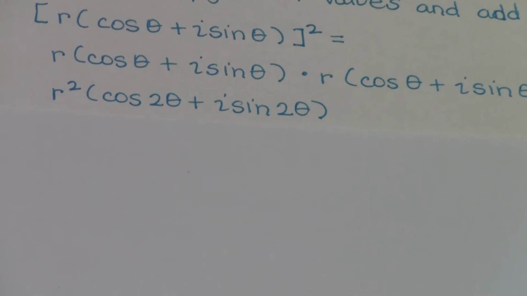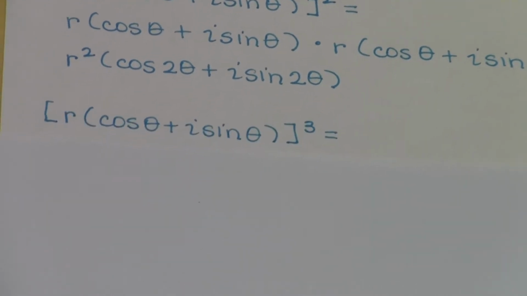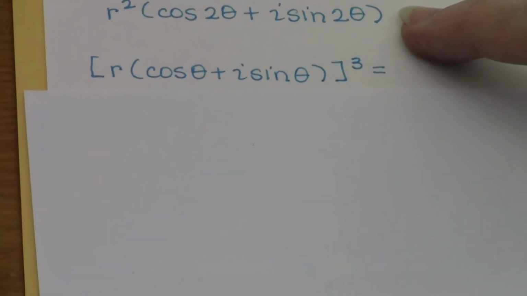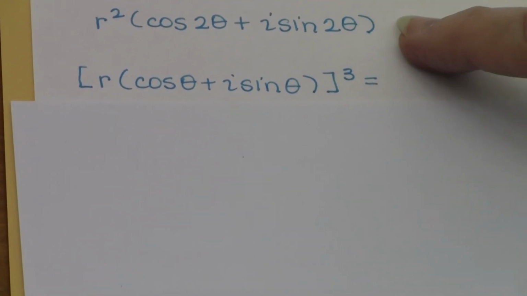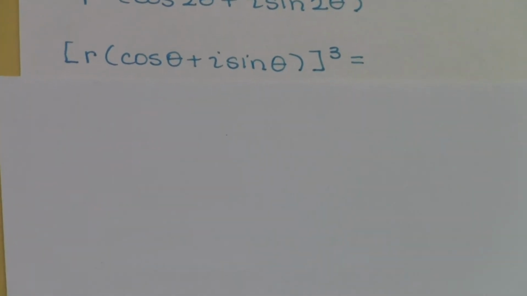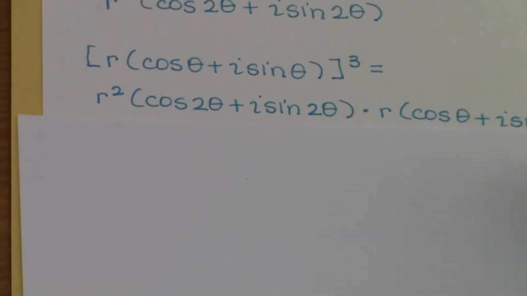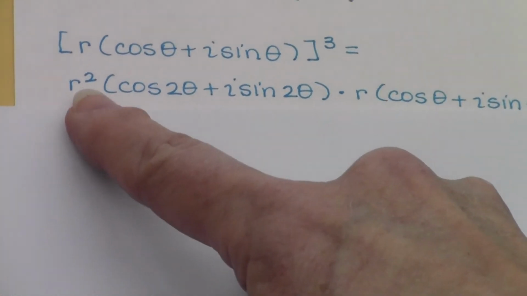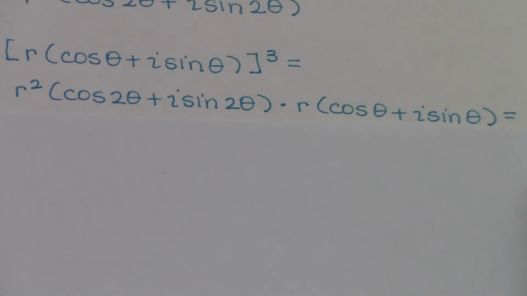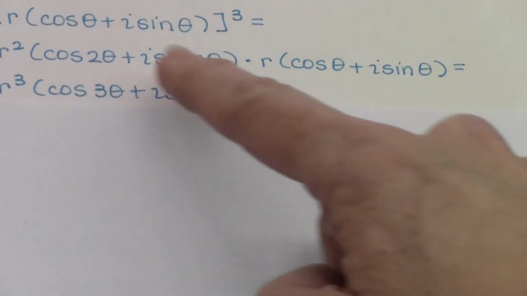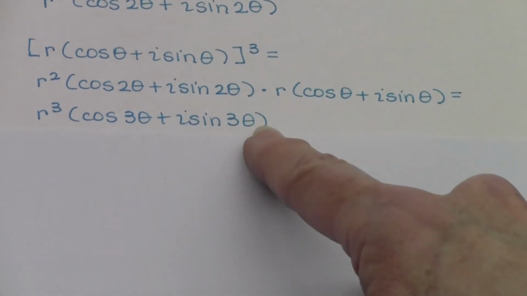Now, third power means I can take what I did in the step before. I already squared this complex number, but I need to multiply by one more r cosine theta plus i sine theta. And that'll give me the product of the r values, which is r cubed, and then I add the angles. 2 theta plus theta is 3 theta.